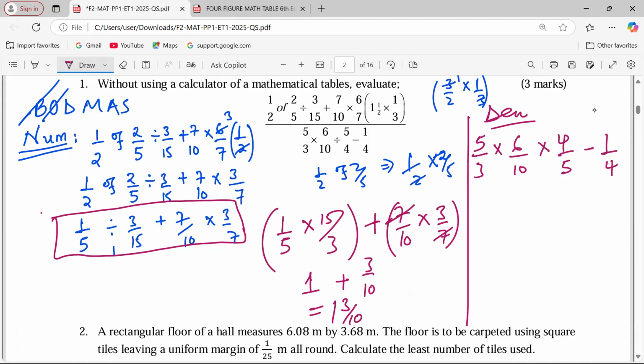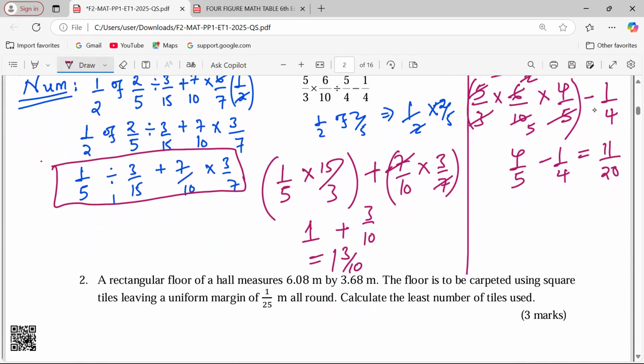So we can work out this part first, whereby 5 and 5 cancel, 3 and 6 make a 2, then by 2, 1, by 2, 5. So we can talk about 4 out of 5 minus 1 over 4. All right, that gives us 11 over 20.